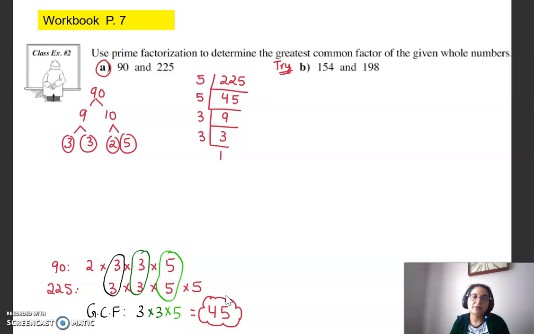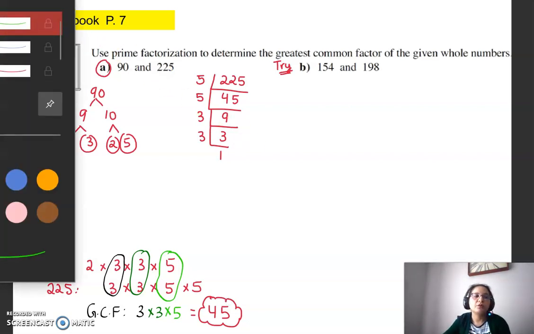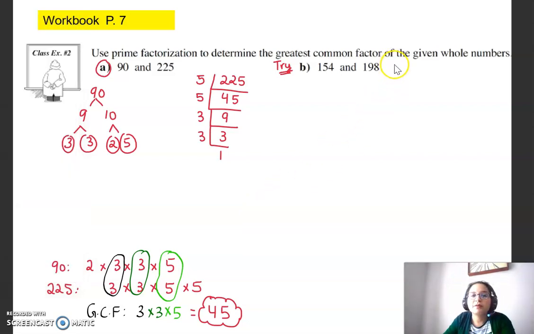So now what I want you to do is pause this video and see if you can get the greatest common factor between the second one here, which is our 154 and 198. Okay, so hopefully you have given a try and gotten an answer for it. And the answer between this is 22. So how did we get that? The first thing we're going to do is break down these two numbers. Now you could have used one of the two methods.